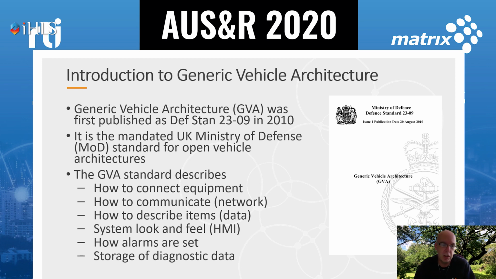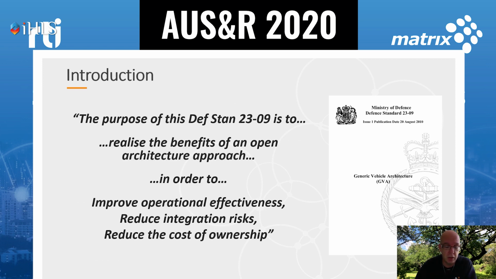So what's included in the GVA standard is, for example, how to connect equipment together, how that equipment connects over the network, all of the data items that are included within that architecture, and things like the look and feel. There's some mechanical and electrical parts of the specification as well that are included in GVA.